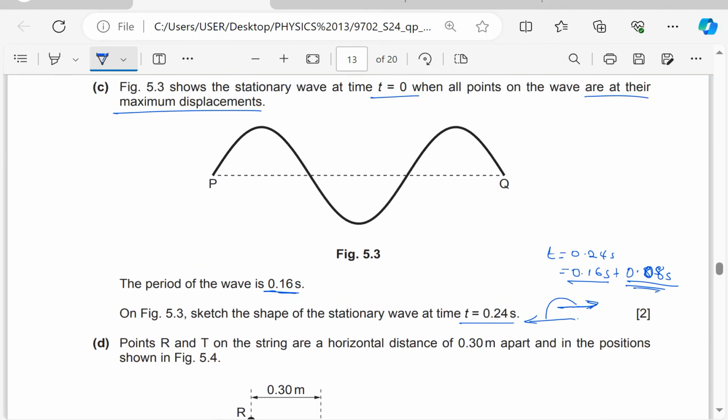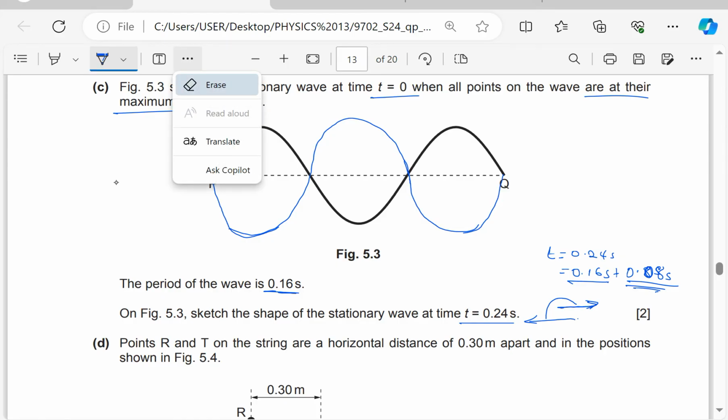at t equals 0.24 seconds we also have the particles vibrating at maximum displacement, but in a reversed manner. So it means we shall have something like this. So I have to ensure that, of course, the amplitude of vibration is the same.